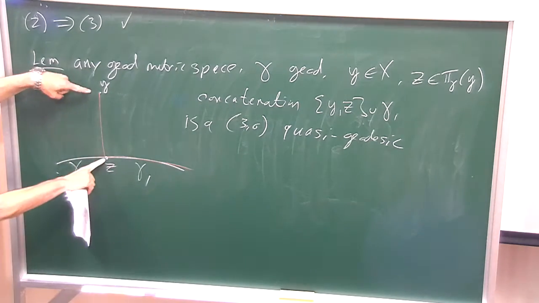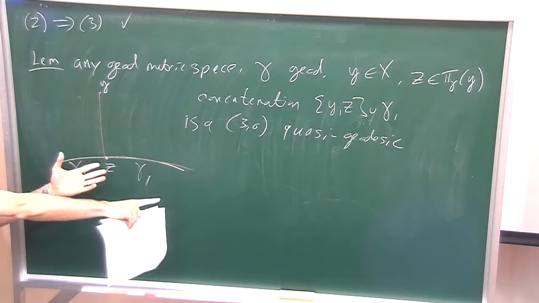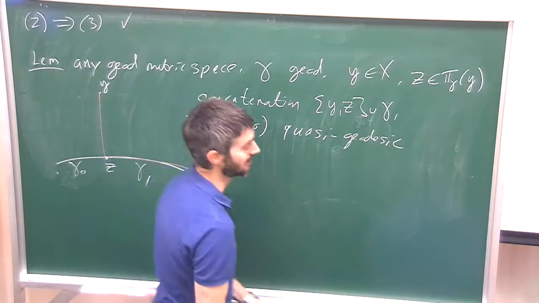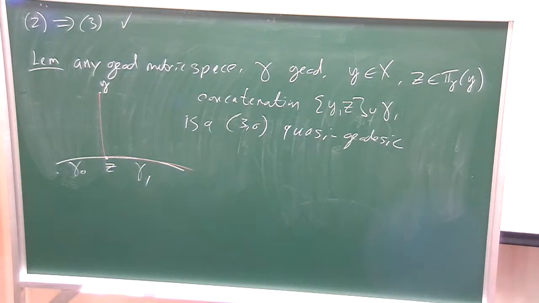Like this is parameterized as a geodesic, and then I parameterize that as the geodesic. Okay, they're both geodesics. So that's an exercise for you to prove, that this works. But that's my claim. Anytime I do this kind of closest point projection, then go that way, I always get a quasi-geodesic. All right. So now that we did that, we can finish our theorem.